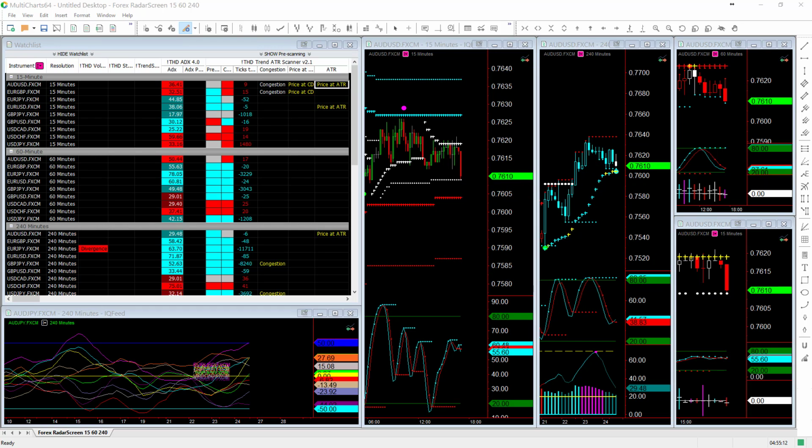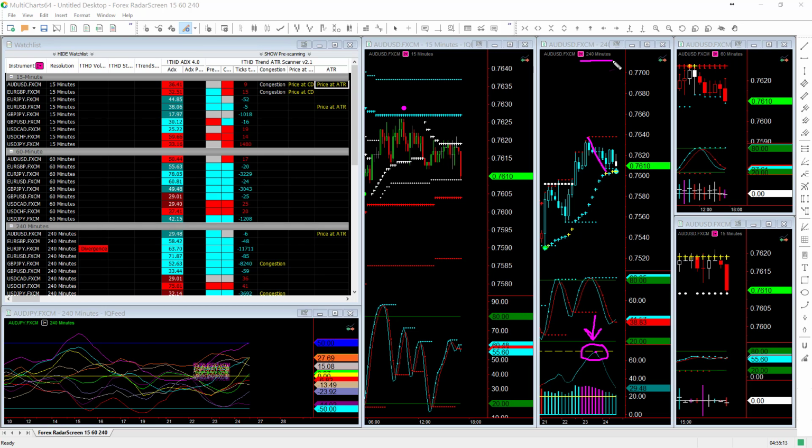Now, if you have been through my training, then you know anytime we get this magenta peak right here, we have a trade set up that you can go into this retracement back to the ATR. This is what the ADX peak tells us. We're going to get a retracement back to the ATR.